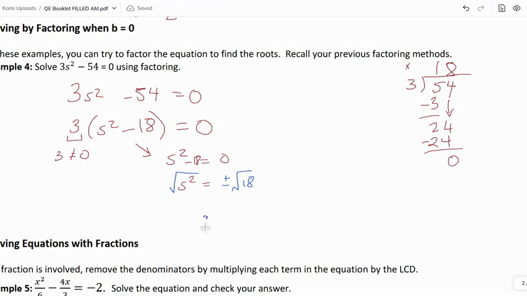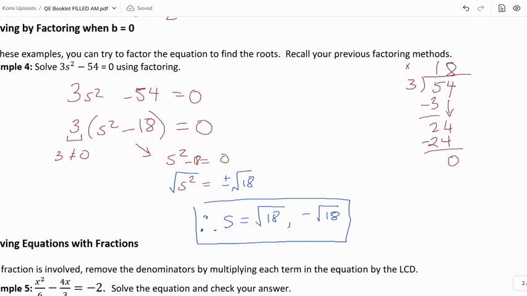So what that means is that s could be positive root 18 and negative root 18. You could be lazy like me and say positive negative root 18. If there's no square root, we just leave it like that.